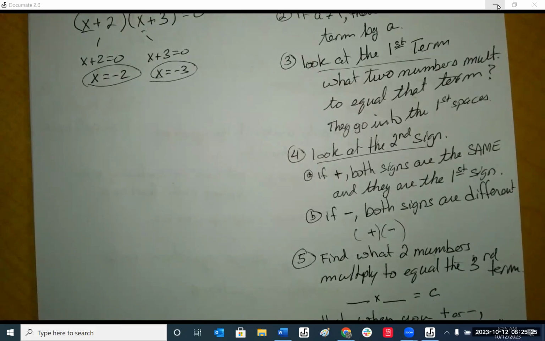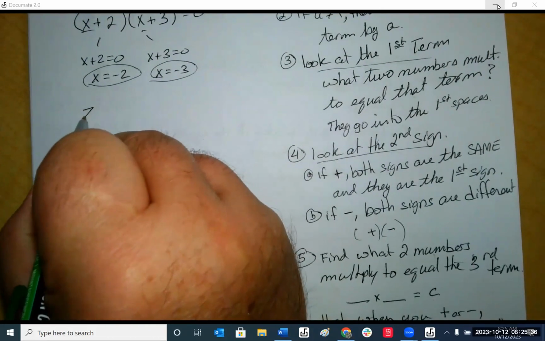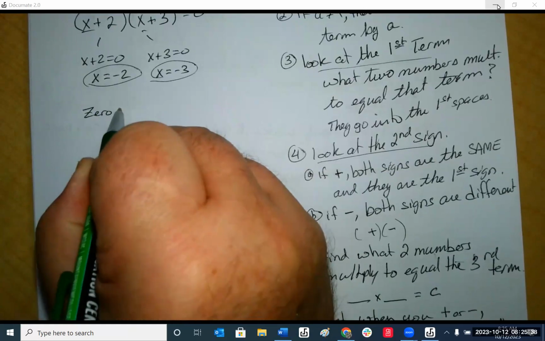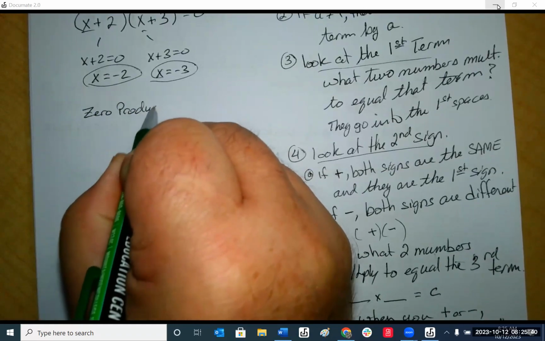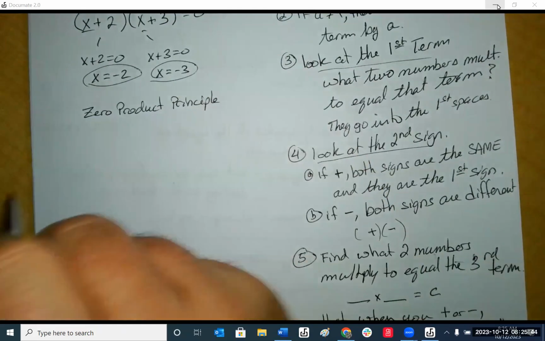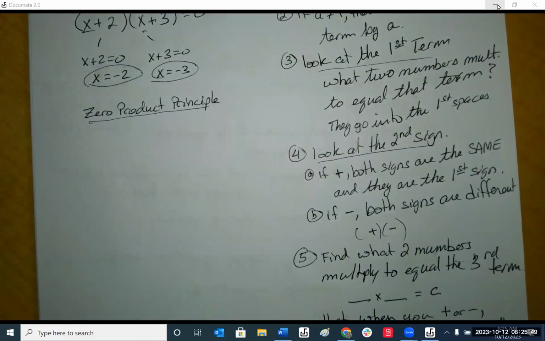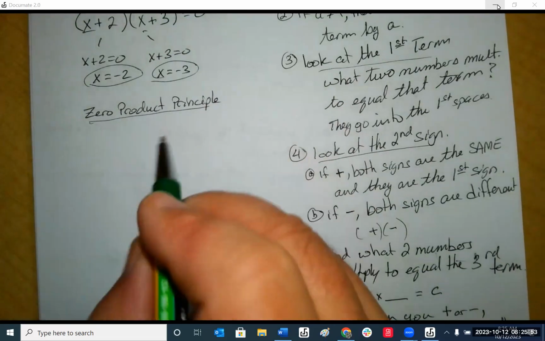Why do we set them both equal to 0? It's called the zero product principle. What this thing means is this.